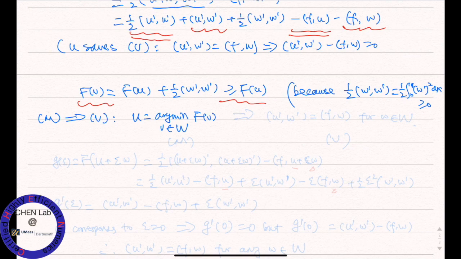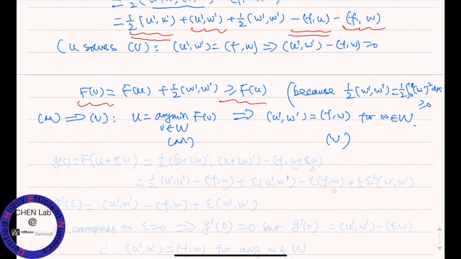That's what we know, and we want to show that (u', w') is equal to (f, w), little w, for any w in the space W. That's V. So that's problem M, that's problem V. Now a little standard technique, which is from calculus: if you are at a minimization point or maximization point, the derivative of the function is equal to 0.